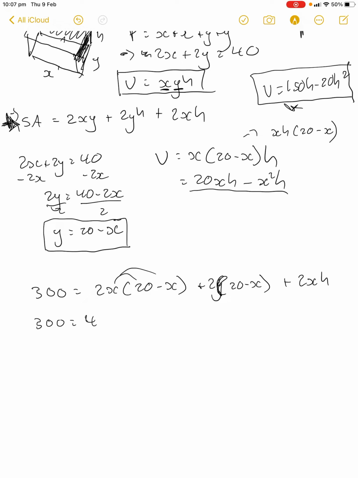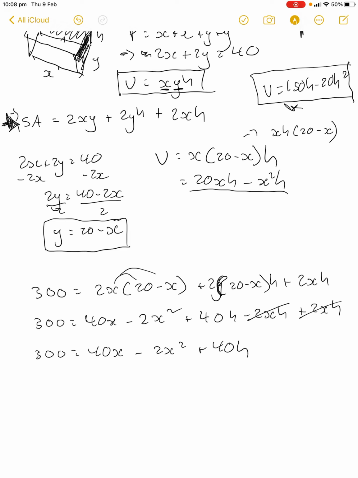So we have 40x minus 2x squared plus 40h minus 2xh plus 2xh. We're going to get a bit of cancelling here. These two are going to cancel, and this is what we're left with. 300 equals 40x minus 2x squared plus 40h.